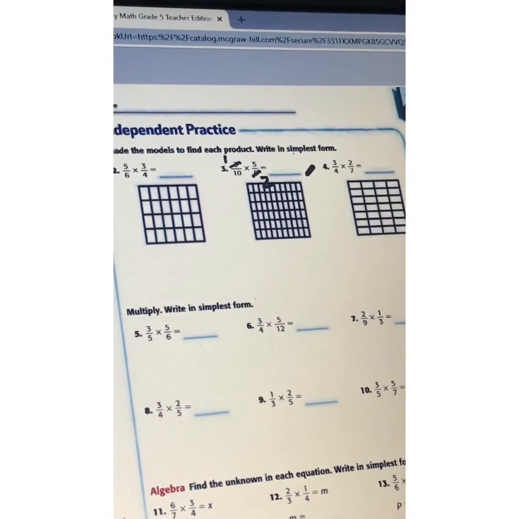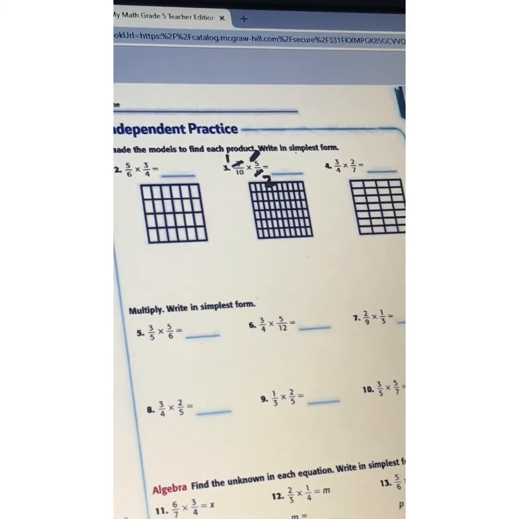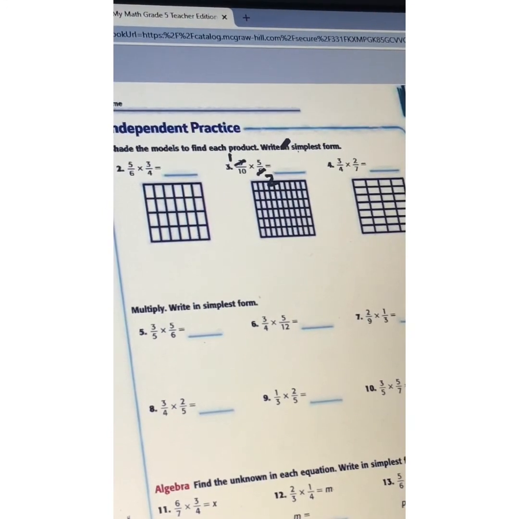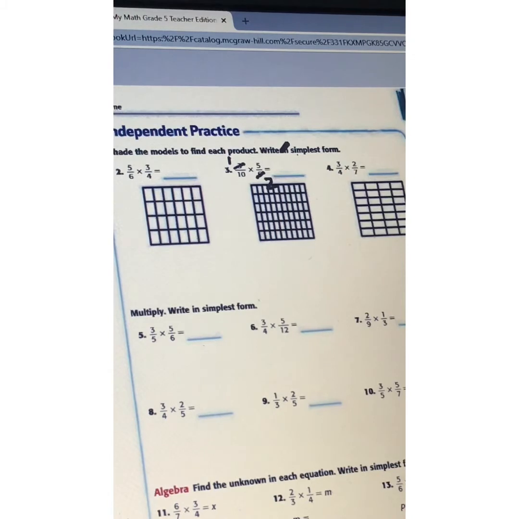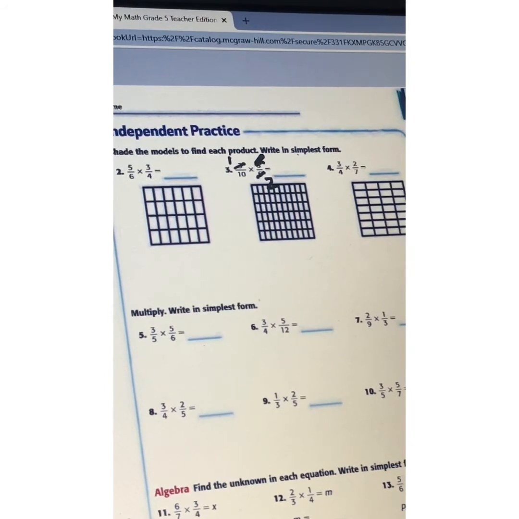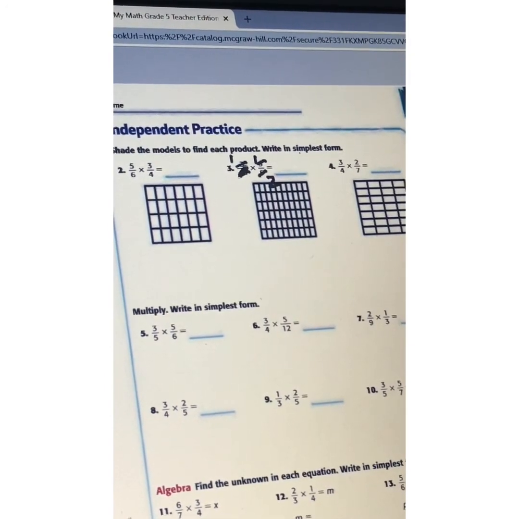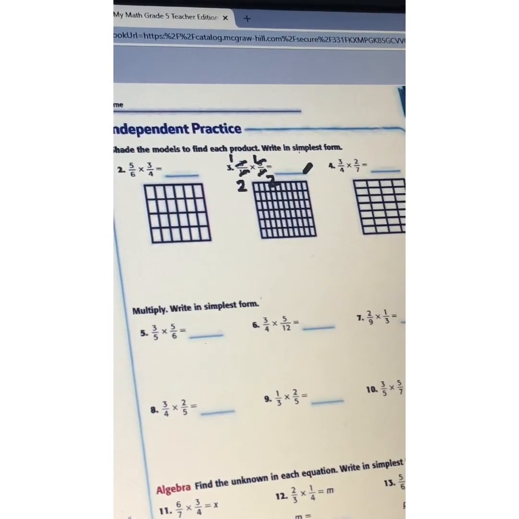Okay? How about the other numbers? There are still numbers that we have. We'll check also 5 and 10. Do they have a common factor? Yes. They are both divisible by 5. So 5 divided by 5 will get 1. And 10 divided by 5 will get 2. Okay?